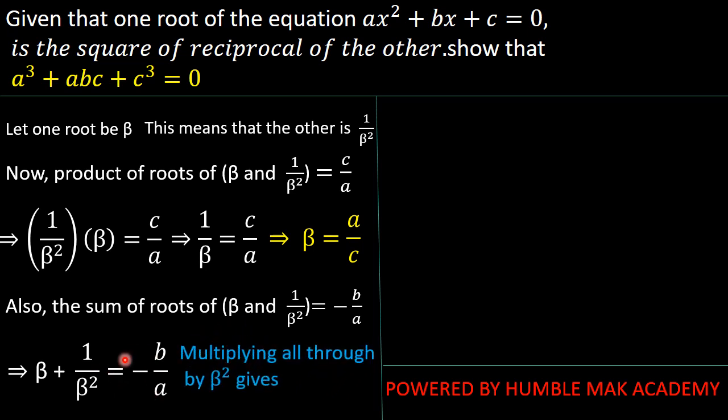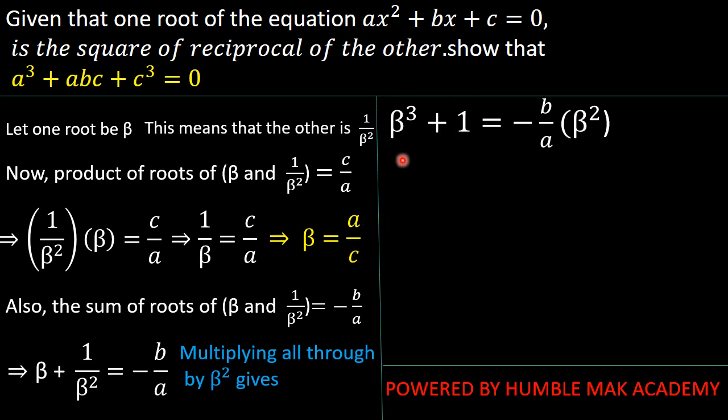So guys, in this case we are going to multiply all through by beta squared because we do not like fractions. By so doing, beta squared times beta gives us beta cube, then the beta will cancel itself here to give us 1, then we have negative b over a into beta squared. But keep in mind, what is our beta? Our beta is a over c.